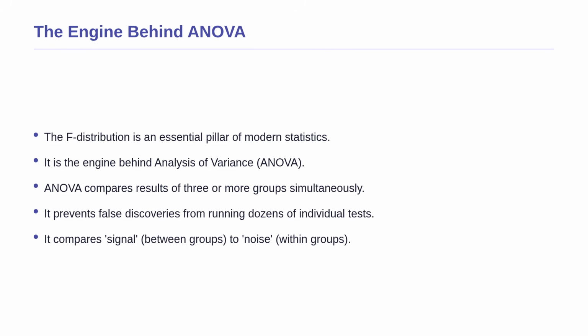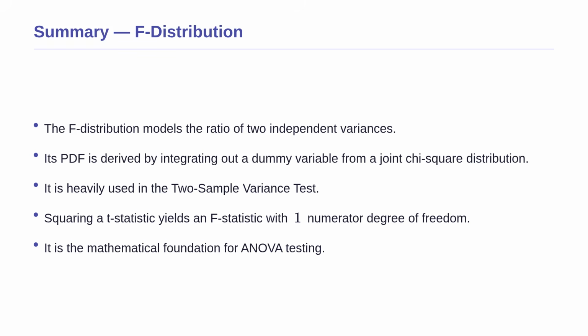Without the F distribution, we would be forced to run dozens of individual tests, which drastically increases the chance of making a false discovery. The F distribution elegantly compares the signal between groups to the noise within groups in a single ratio. Let us review the key takeaways from our lecture.